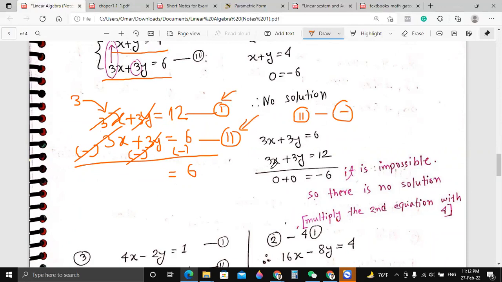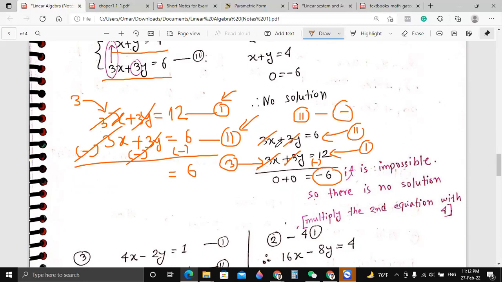You see here, this is the second equation, and this is the first equation, and I multiplied 3 with the first equation. So if I now subtract them, 3x gets cancelled, 3y gets cancelled, and this sign also gets reversed. So 6 minus 12, that is minus 6.